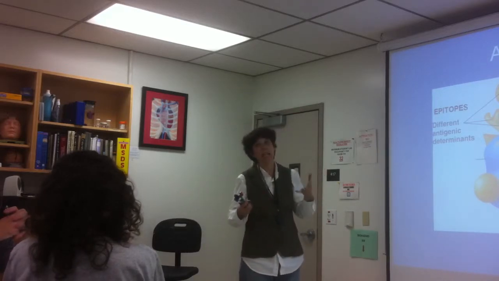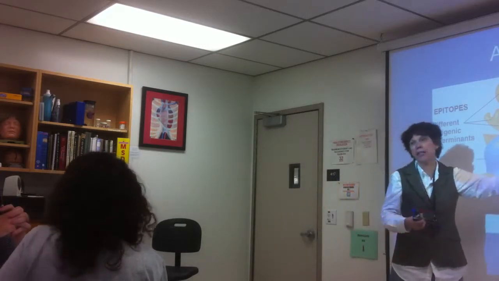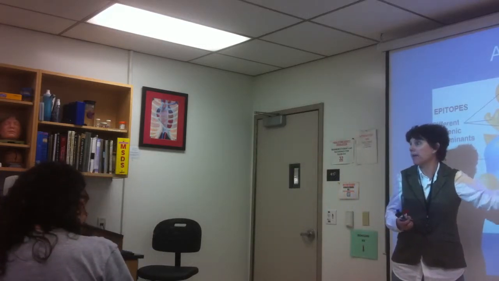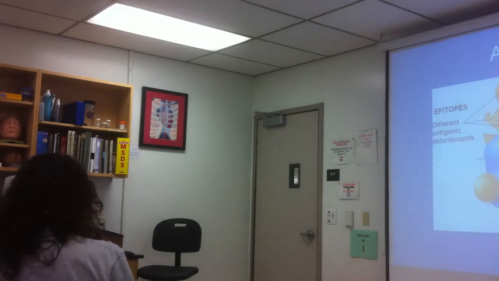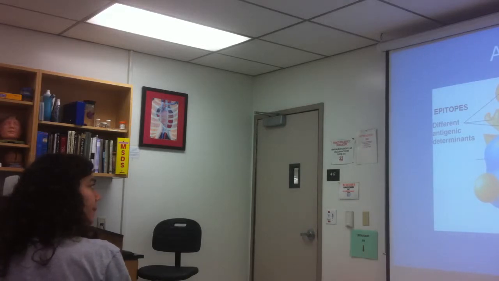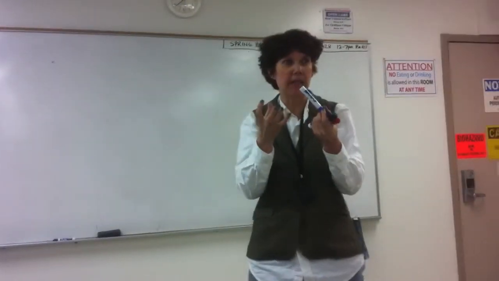So we could have 10 lymphocytes, each one recognizing a different antigenic determinant or epitope on the surface of that antigen. So how do scientists isolate that? The spleen is removed from the mouse and is kind of mashed up, macerated, because remember it's just basically a bag of cells, and mixed with growth fluid.